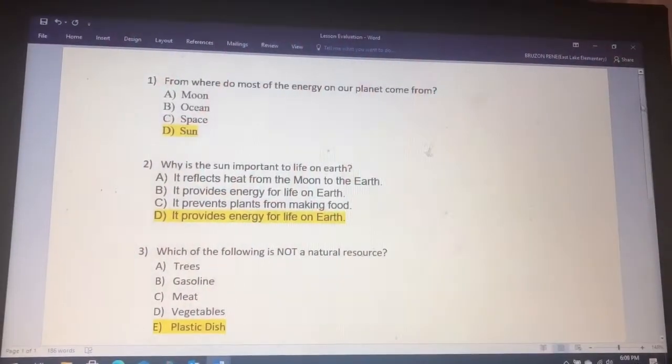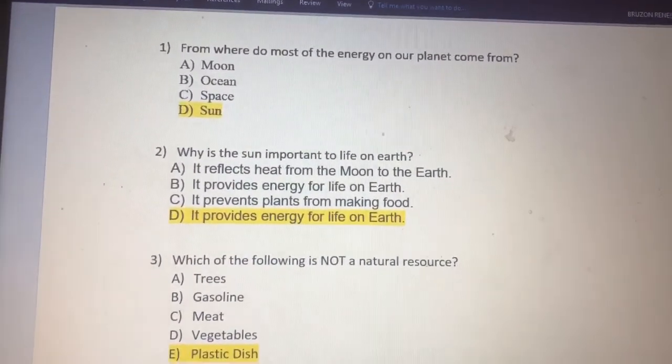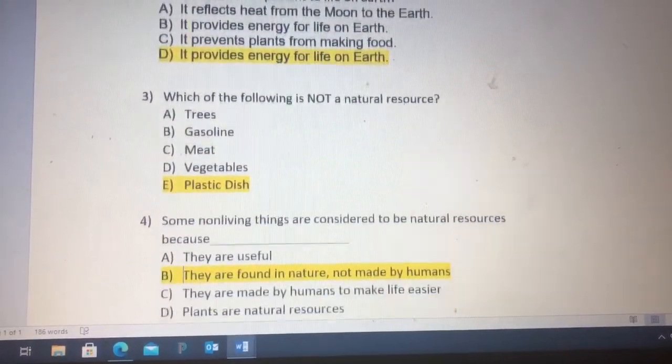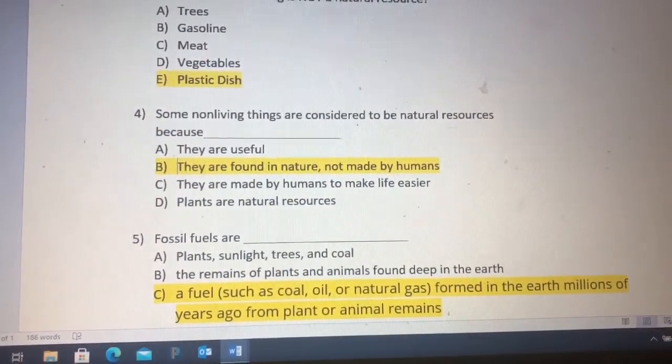This will let you know, oh yes, I've understood these lessons. I can answer these questions correctly, okay? So pause the video and answer those questions. So how do you do? Here are the answers for number 1, number 2, number 3, number 4, and number 5.